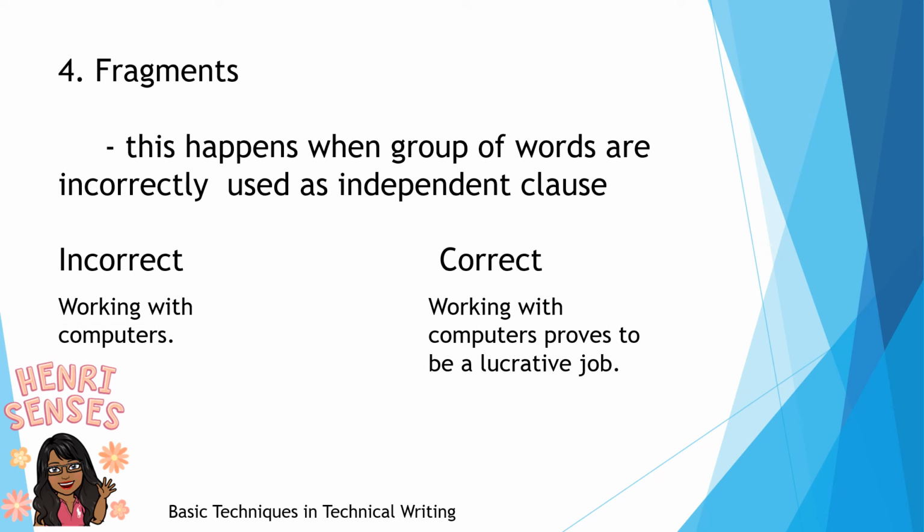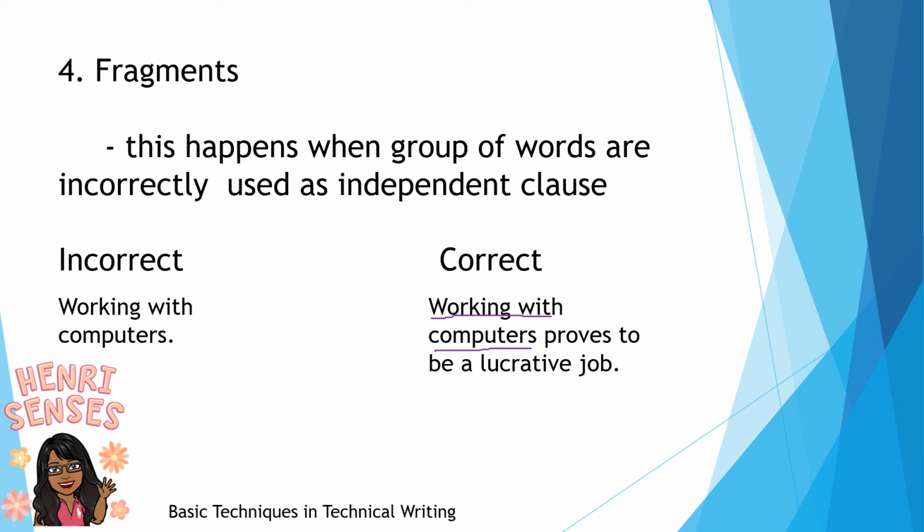Now, how are we going to correct it? It's just easy. You can either add a subject, add a predicate, or add both subject and predicate, or you can also add an independent clause to a dependent clause. Okay, so let's try with this. We have here working with computers. So working with computers, is it an independent clause or a dependent clause?